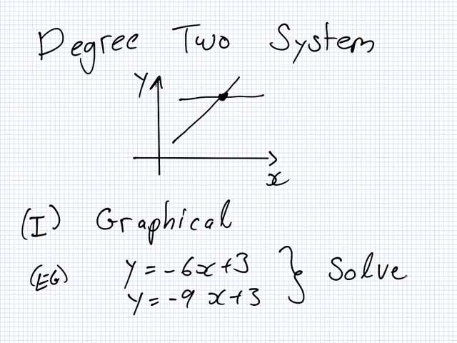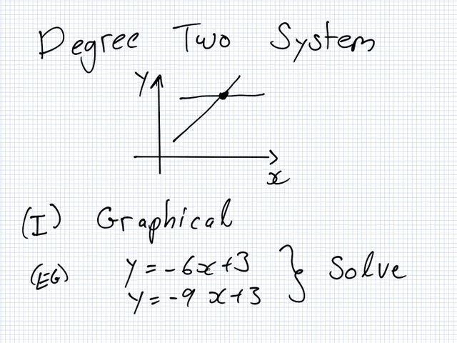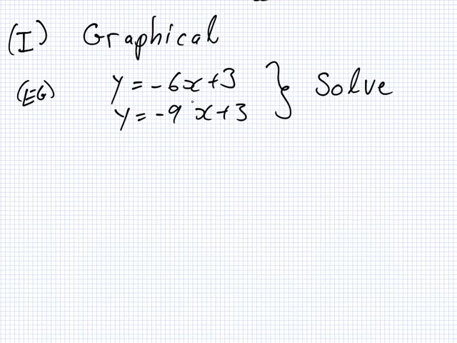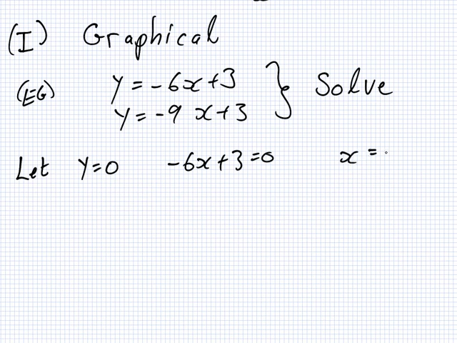Can I scroll down a little bit? Yeah. Okay, so let's find out where the roots are. If we say let y equals 0, we get minus 6x plus 3 equals 0. So x equals, I'm looking at the first one, yeah?